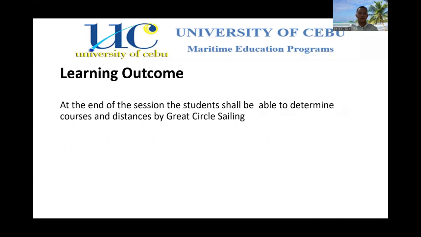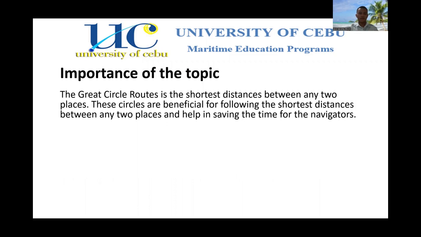Learning outcome: at the end of the session, the student shall be able to determine courses and distance by great circle sailing. Importance of the topic: the great circle route is the shortest distance between any two places. These circles are beneficial for following the shortest distances between any two places and help in saving time for the navigators.